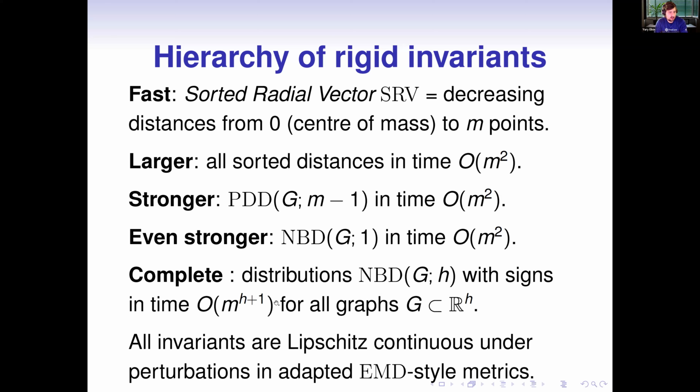And if you want a complete invariant that has a complete classification, then we can use this NBDH in such a way that this parameter h corresponds to the dimension of the point cloud. And if we add the sign, then it can classify all the graphs. And all the invariants, or the metrics of the invariants, are Lipschitz continuous.